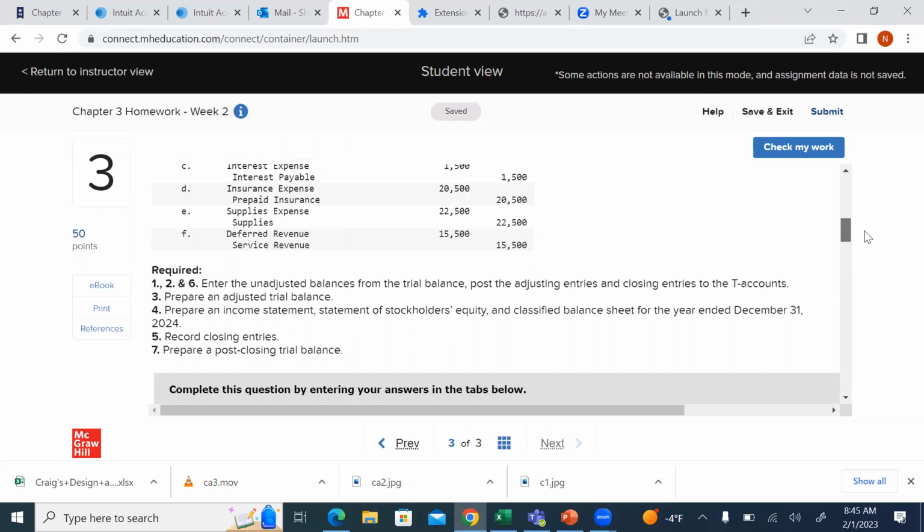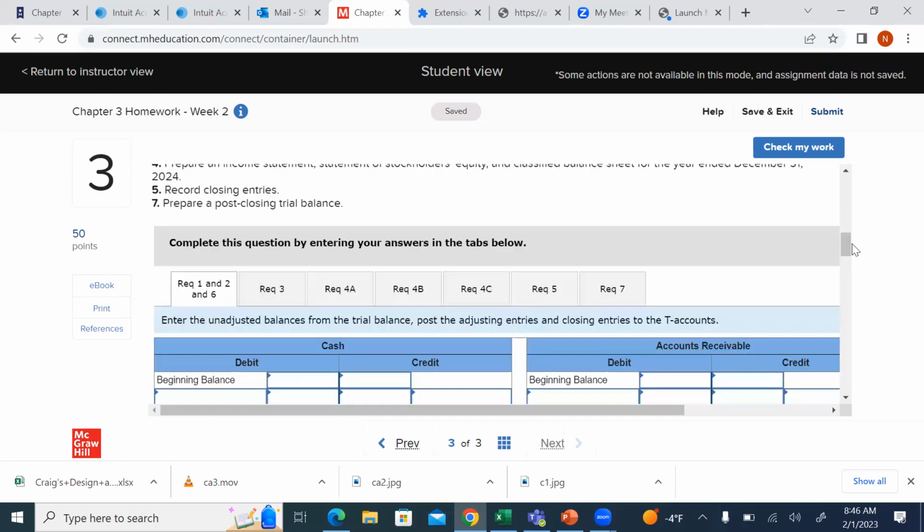From that, we prepare an income statement, statement of stockholders' equity, and balance sheet. Then we record the closing entries and prepare a closing balance. We're doing the whole thing. This is the end of the accounting cycle, the whole shebang of the first and second week on chapter 3.